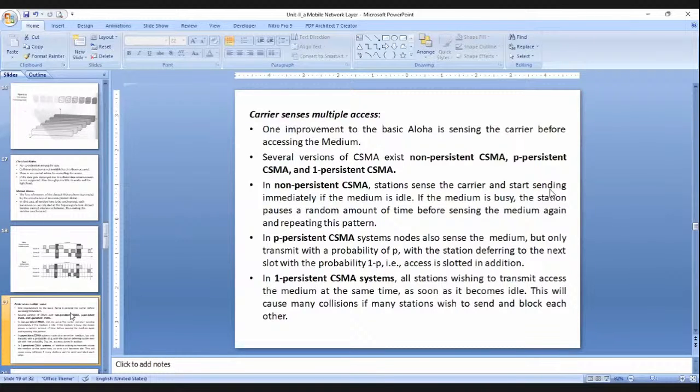One improvement to the basic Aloha is sensing the carrier before accessing the medium. Variants of CSMA exist: non-persistent CSMA, p-persistent CSMA and one-persistent CSMA.